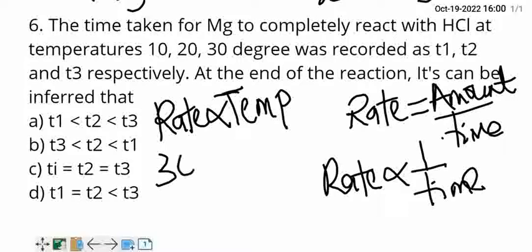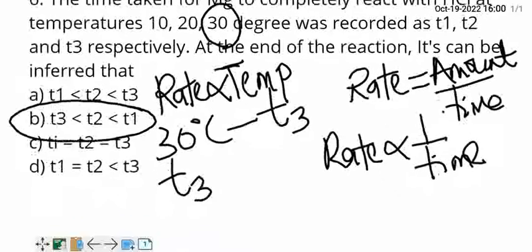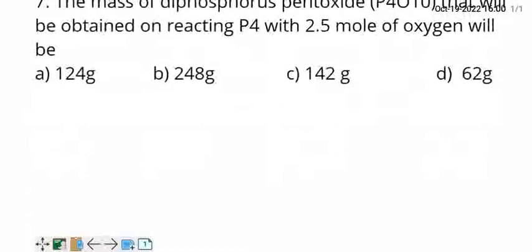That corresponds to T3. T3 is less than T2 and T2 is less than T1. A higher temperature means a higher rate of reaction, which means the lowest time. That is the answer to that question. I go on to question 7.